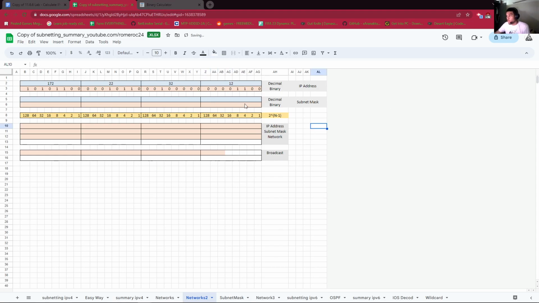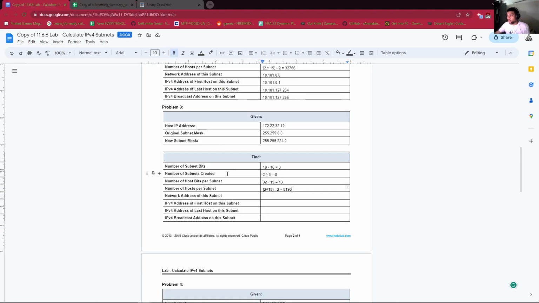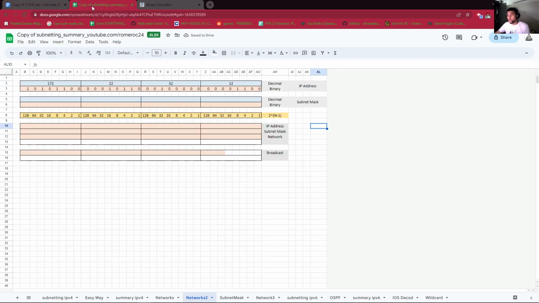Okay, so then we need to put the new subnet mask, 255.255.224.0, and change it into binary.